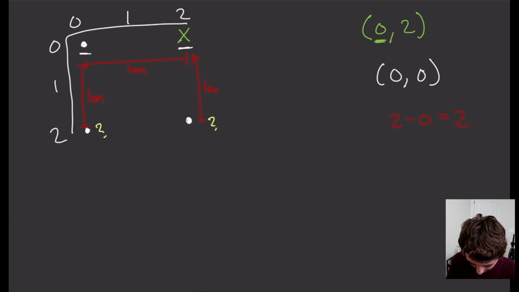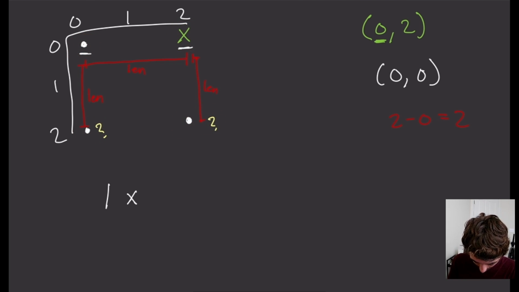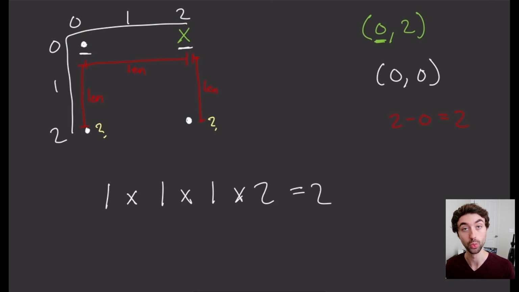So for instance, if the query point is obviously just one, say there's just one of these, there's also one of these, but maybe there's 2 points down here. If that's the case, then one cool trick I can do is say 1 times 1 times 1 times 2, which equals 2. And that's how many different squares I can make with that combination.